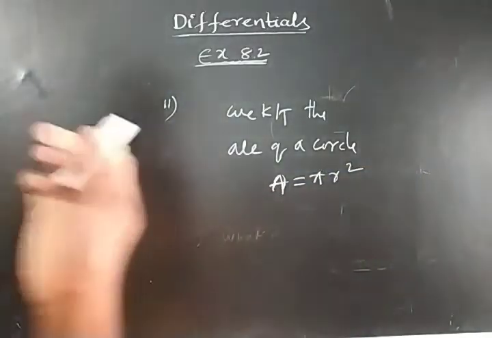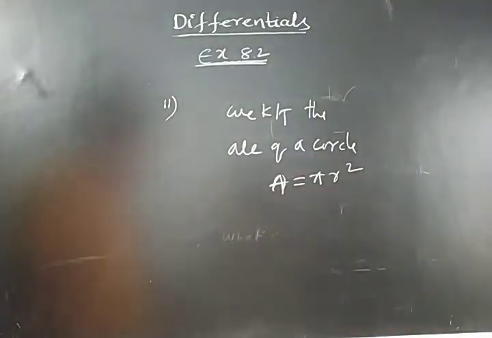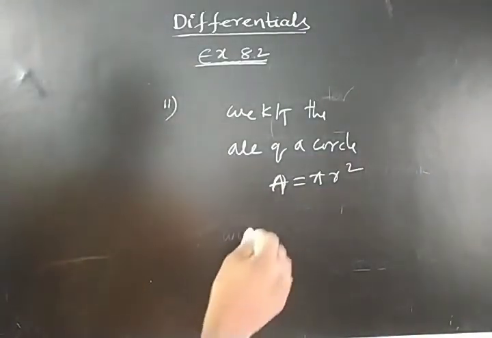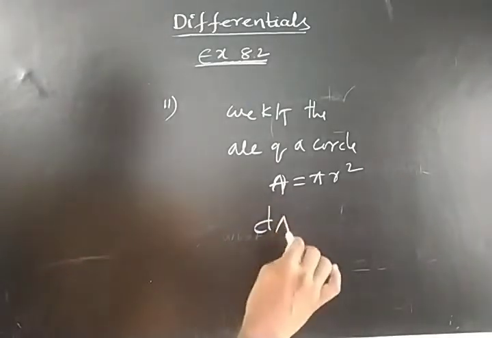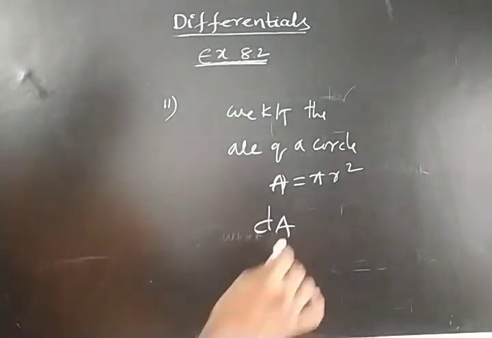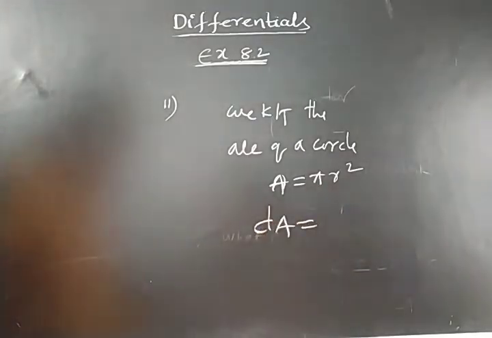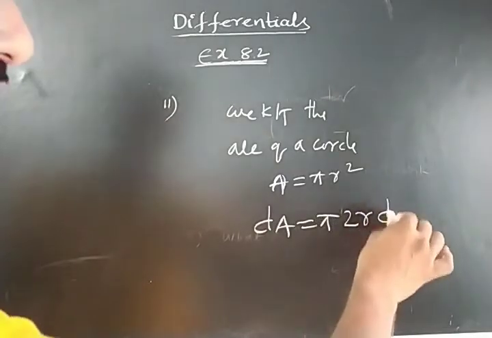We are going to find the percentage increase in area, that means dA by A into 100. For that I need dA, so I am differentiating with respect to r. On the left-hand side dA; on the right-hand side pi is constant, so keep it as it is, and r squared is the variable. By differentiating r squared you will get 2r, and r's derivative is dr.